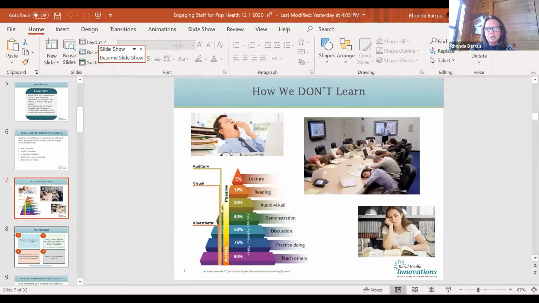Lecture and just reading, for most people, is very difficult and we tend not to retain as much. What we know is that we tend to learn better when we get to practice what we're trying to do and then teach others. That's why in healthcare we do so many teach-backs with our patients when we want to make sure they understand their medications when they go home and things like that.